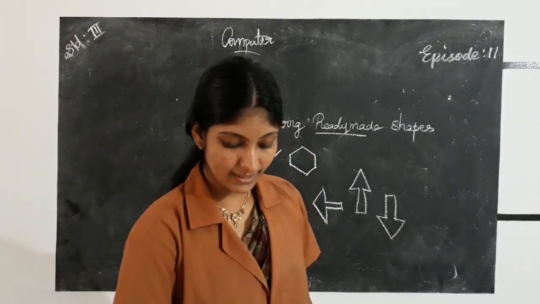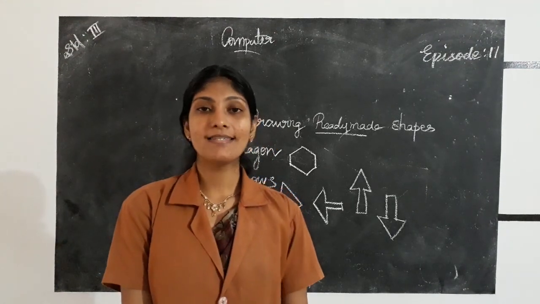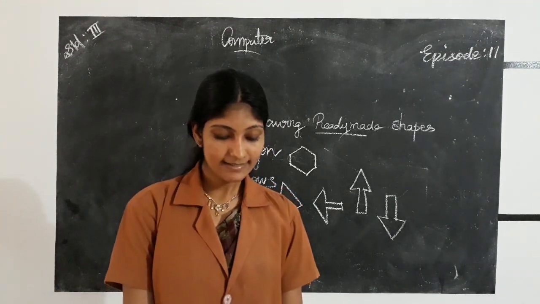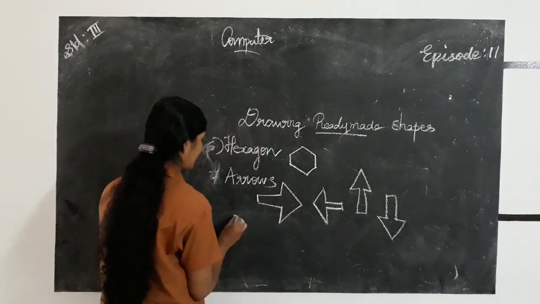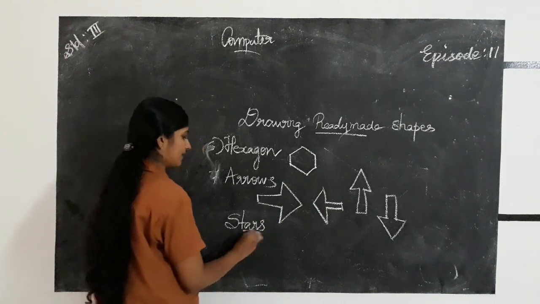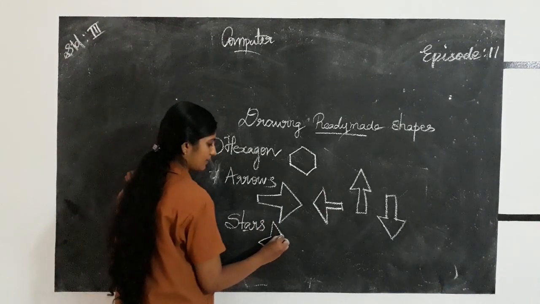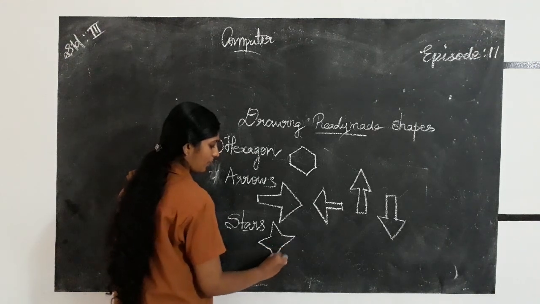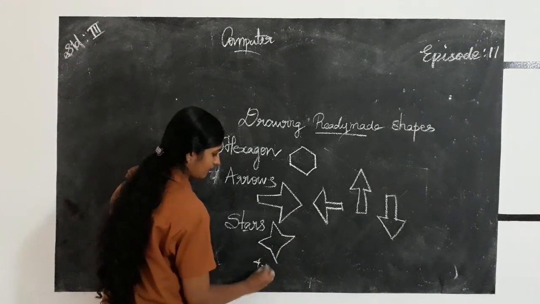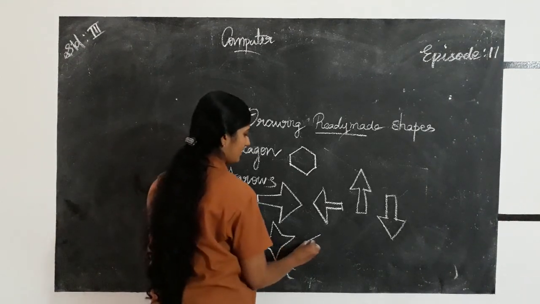Then next one is stars, which include 4-point stars, 5-point stars, 6-point stars. S-T-A-R-S, stars. 4-point stars. Then next, 5-point stars.